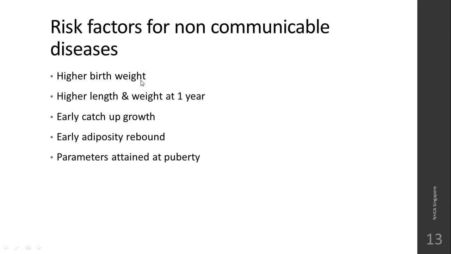Adiposity means too much fat in the child, fat which was lost but came back immediately. That could also lead to non-communicable diseases. And other parameters attained at puberty. Even in puberty, if the BMI is quite high, that could also lead to non-communicable diseases.